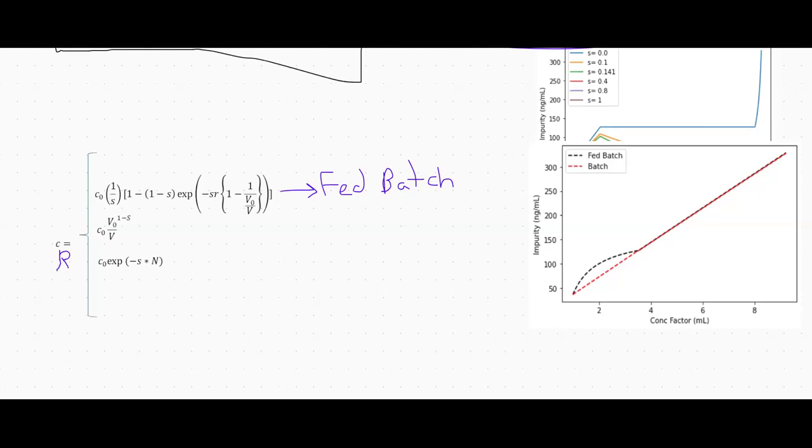And you'll see in this expression there is an R. Well, the R is what is known as the tank ratio. That is your total volume over the volume that can be held in the retentate tank, or the volume that's in your retentate tank.